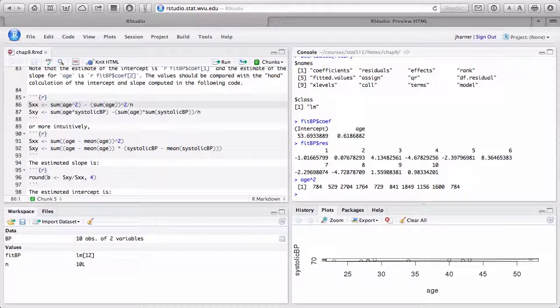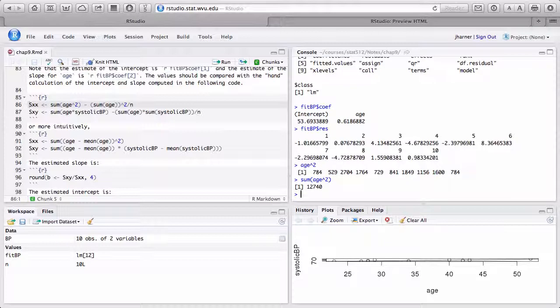And then when I do the sum of age squared, it reduces it to a single number. The sum is a function that reduces a vector to a single number, which is the sum of the elements in that vector. So that's like the sum of x squared.